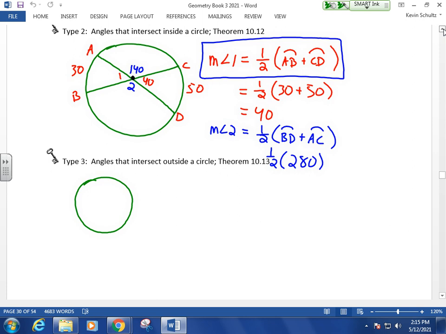The first situation is if you have a tangent and a secant. So a tangent that intersects the circle in just one place, and a secant. And we're going to call this angle angle 1.